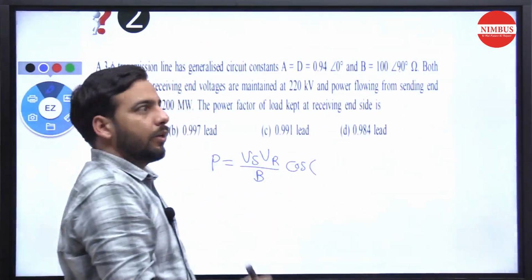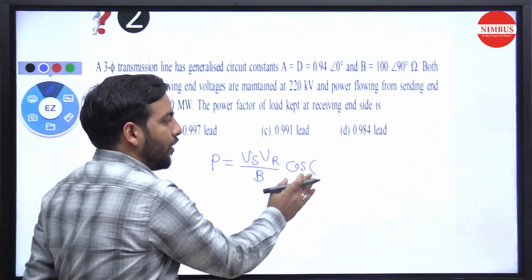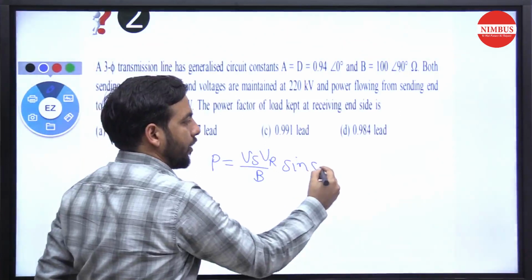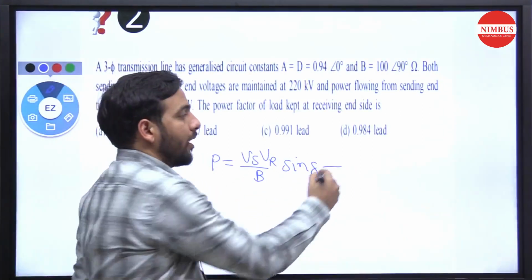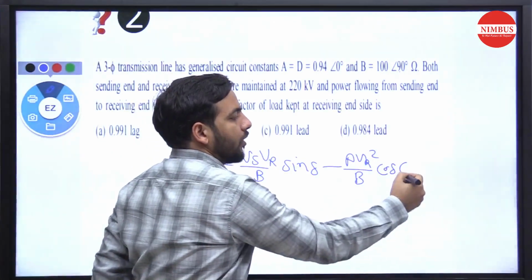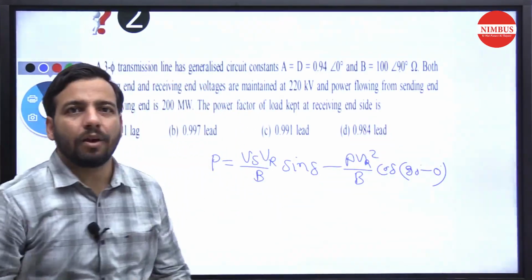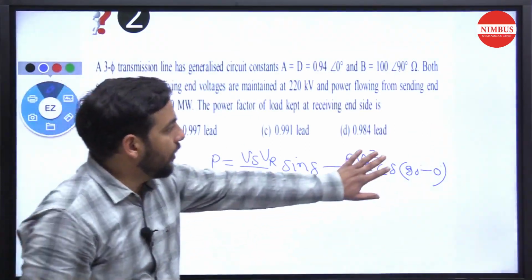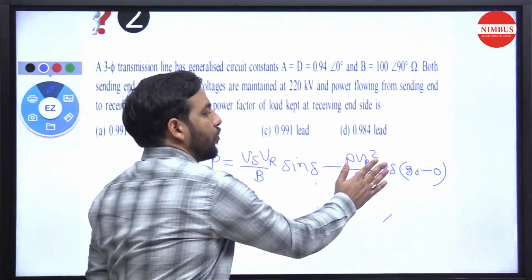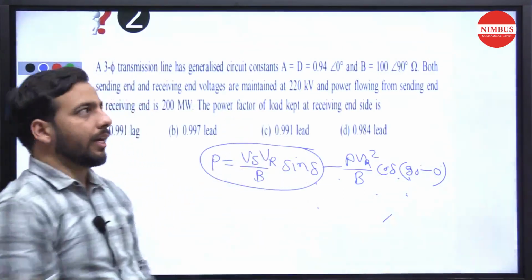Beta is 90 degrees, so cos 90 minus delta is sin delta. So it will be Vs Vr sin delta upon B, minus A Vr square upon B cos beta minus alpha. Alpha is 0, but cos minus 90 is 0, so the A Vr square term will be absent. So here it is only the formula Vs Vr upon B sin delta.